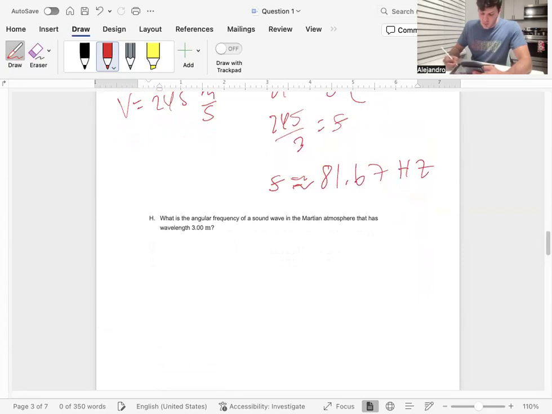H. What is the angular frequency of a sound wave in the Martian atmosphere that has a wavelength of 3 meters?